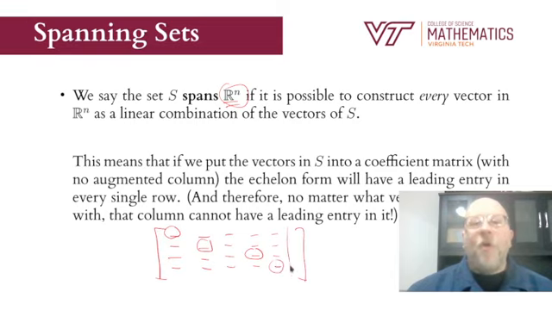Because then no matter what we augment with, I can't have a leading entry in the augmented column, because all of the leading entries are already accounted for. So a way of telling if every vector is possible as part of a span is to test if the leading entries are in every row. Okay?